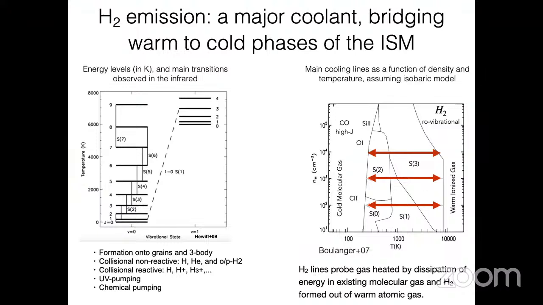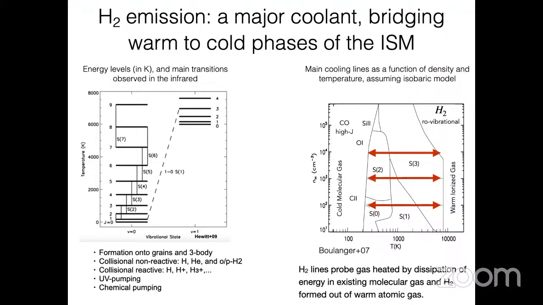Just a quick reminder about H2. You see on the left the rotational diagram of H2.